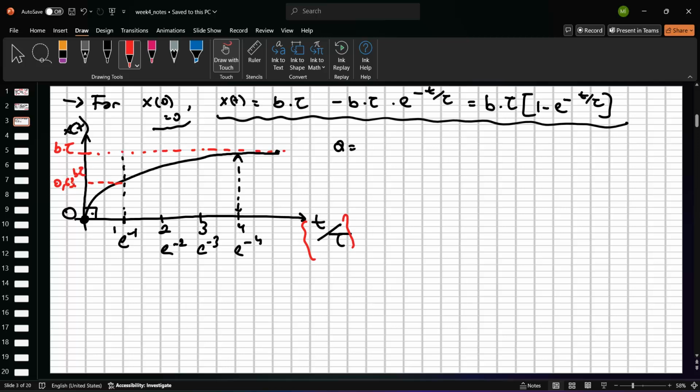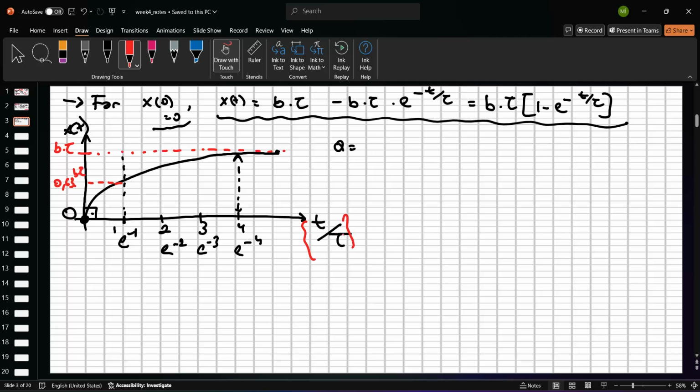this response. And so, if we have the t value and the tau value, if we draw these things, the 1 point is equal to 0.63 times b times tau value. Okay? This always happens. This is always the same for every system.